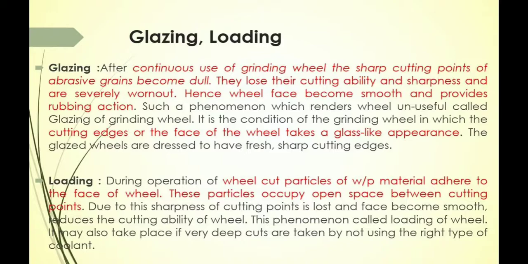The dresser tool is used to recondition the grinding wheel again. It means this dull material around the periphery of the grinding wheel is removed by the dresser tool, reconditioning the grinding wheel again. So that phenomenon is called glazing.